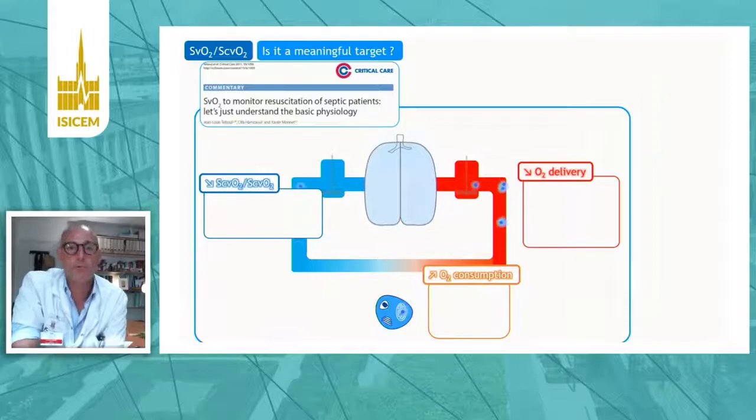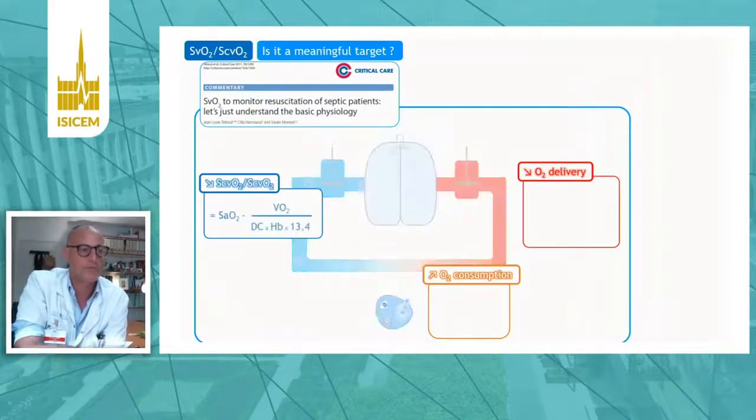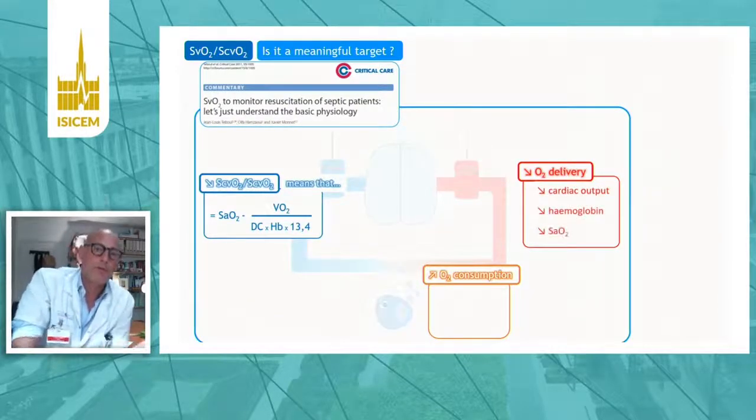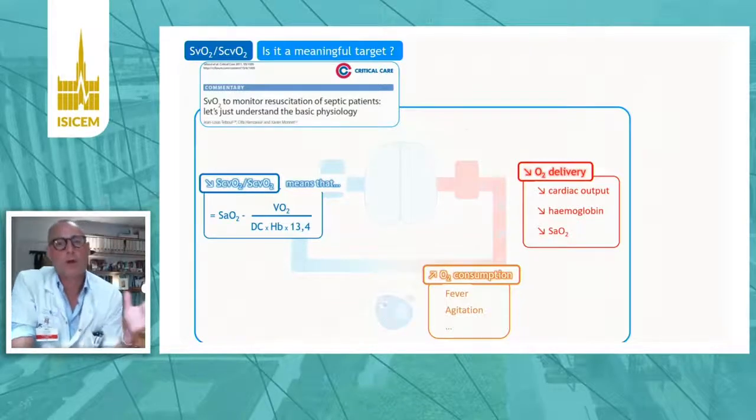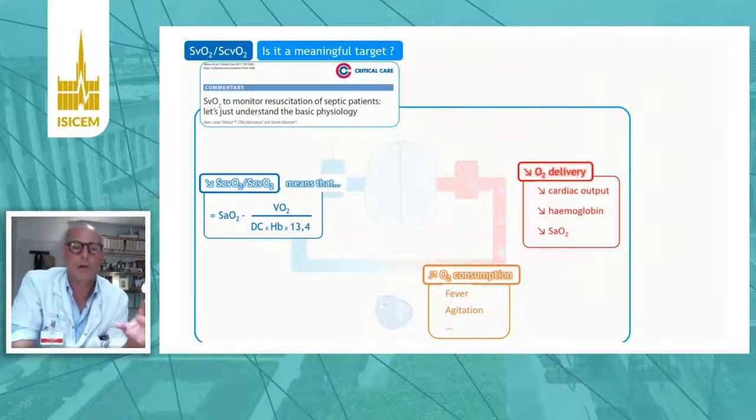In practice, how do we interpret SVO2 or SCVO2? A low SVO2 means that either oxygen delivery is too low, because cardiac output is low, hemoglobin is low, or oxygen saturation is low, or that oxygen consumption has increased due to fever, agitation, shivering, etc. It means that we can easily draw a very simple algorithm.